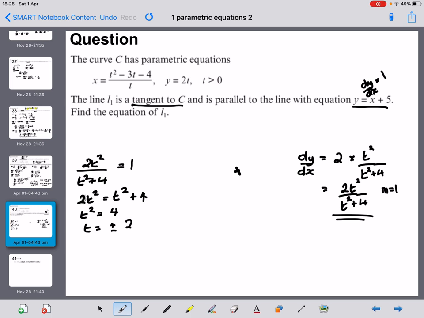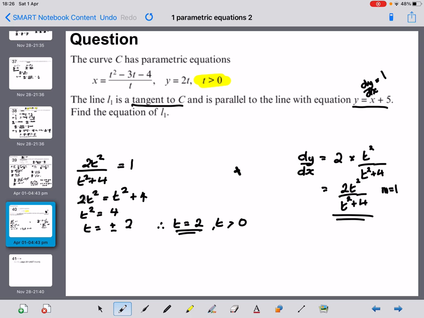Now again, consider the domain of the parameter. t is greater than 0, so I can say therefore t equals 2 because t is greater than 0. So we know we have the parameter equaling 2 when the gradient is 1.